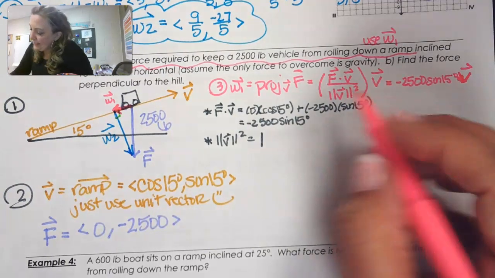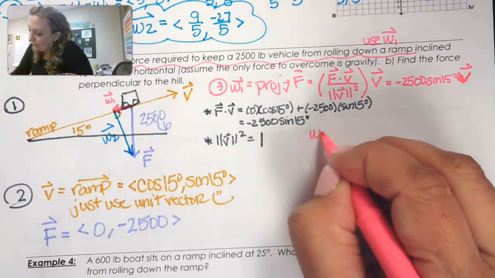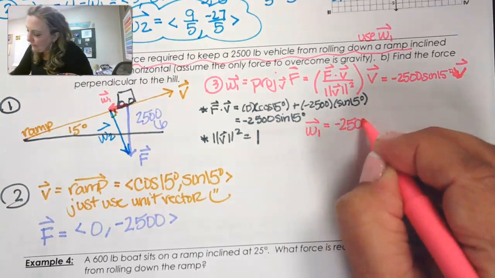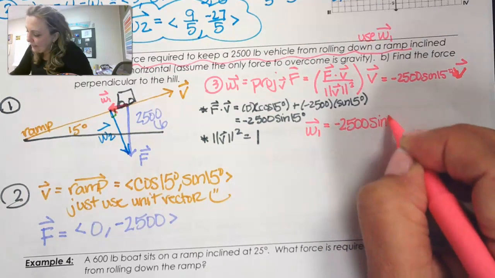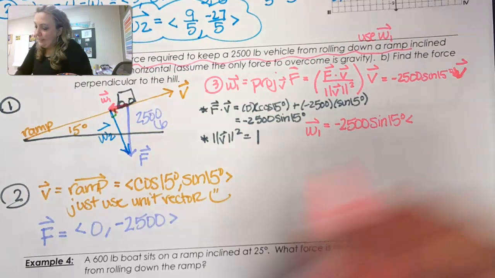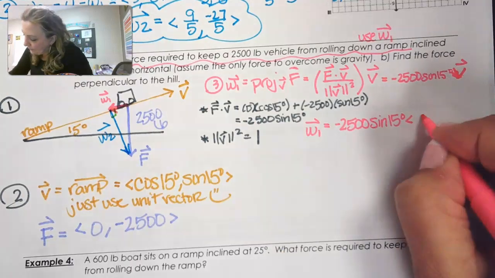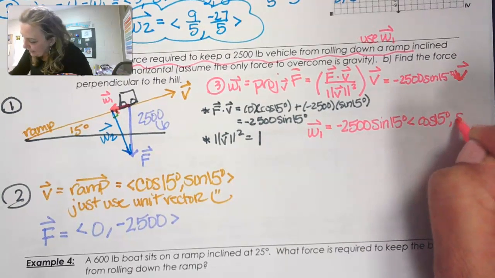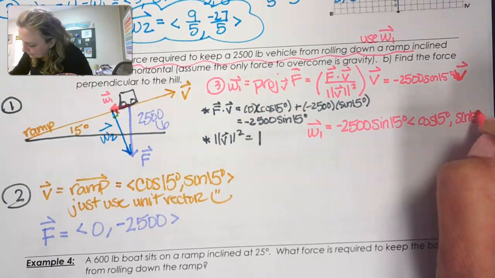So what that means is that my W1 is going to be negative 2500 sine of 15 degrees times my vector V: cosine of 15 degrees, sine of 15 degrees.